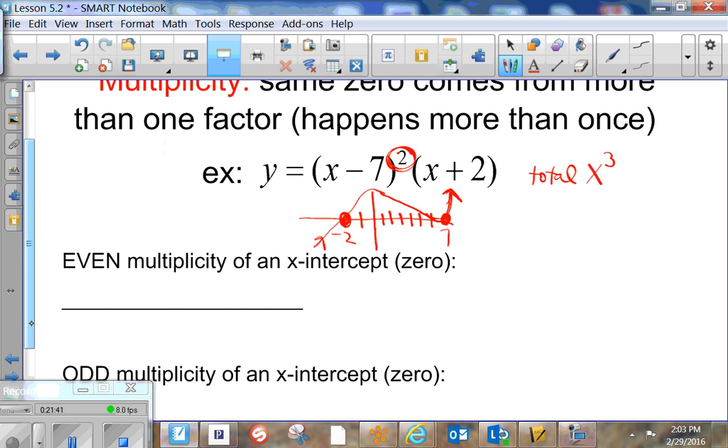If you have an even multiplicity, then at your x-intercept you're going to have a bounce in your graph. So right here we had x minus 7 squared, so we had to bounce at 7, because we had to start down.